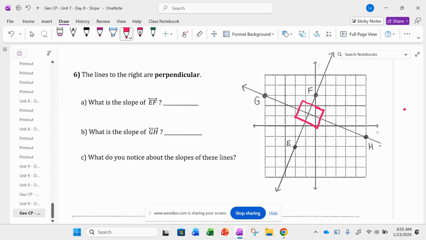And I want you right now, on your own, to find the slope of EF and the slope of GH.